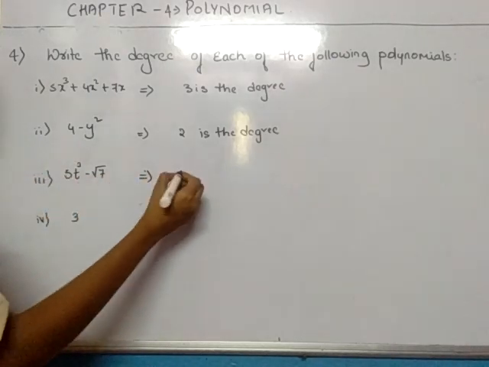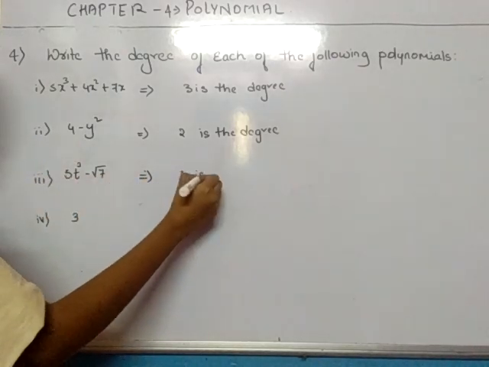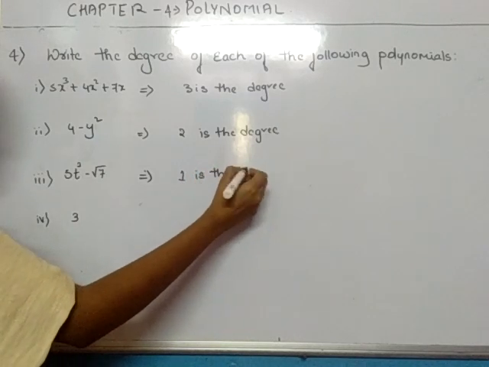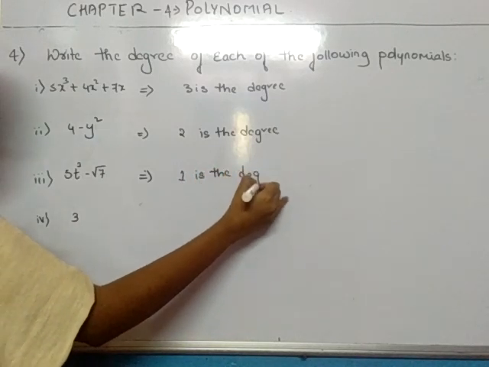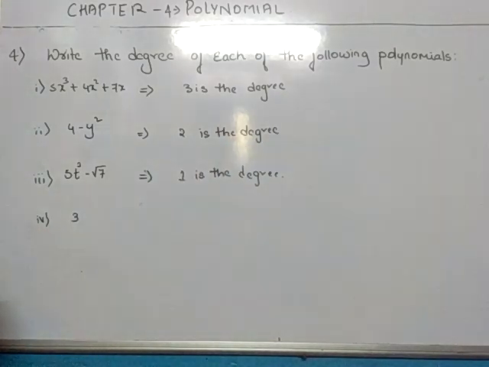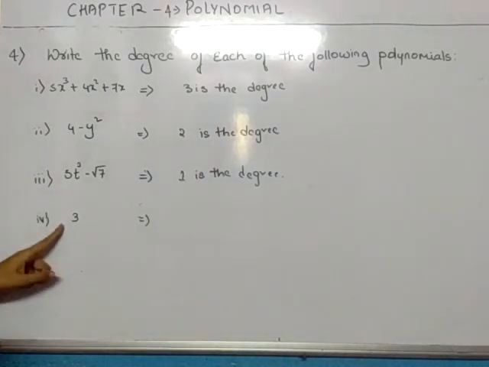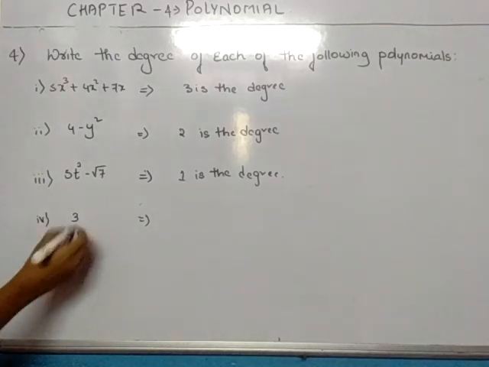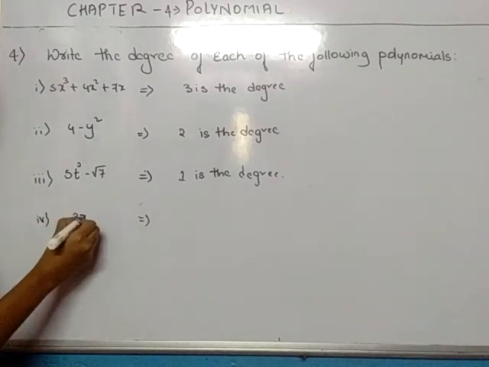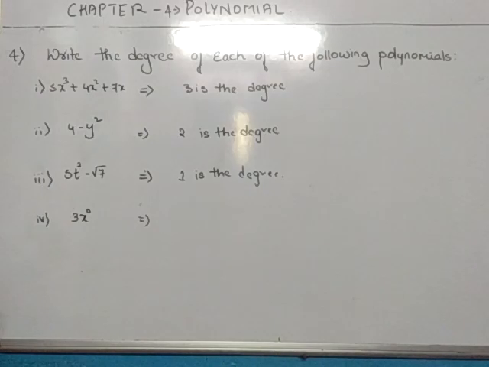Yes or no? So we'll write here 1 is the degree. And for this we can see no variables are present, or you can say that, as I told, it will always be x raised to 0.